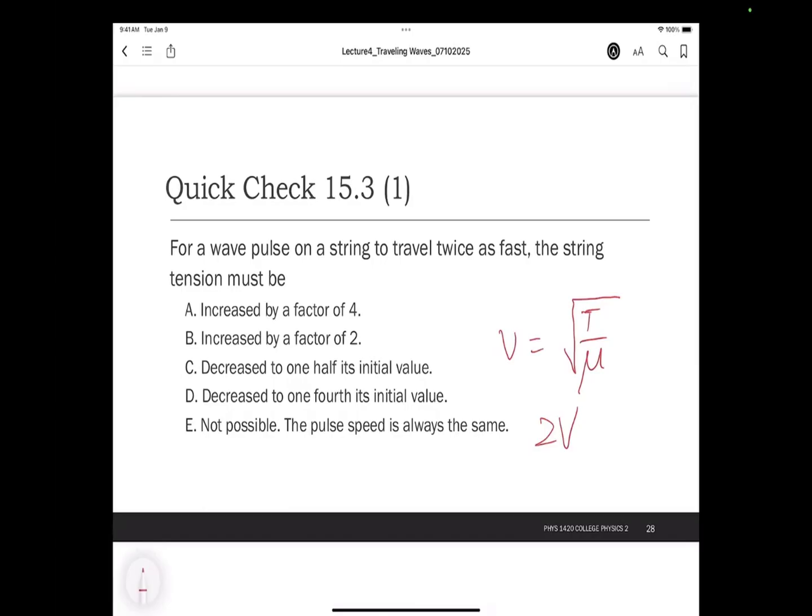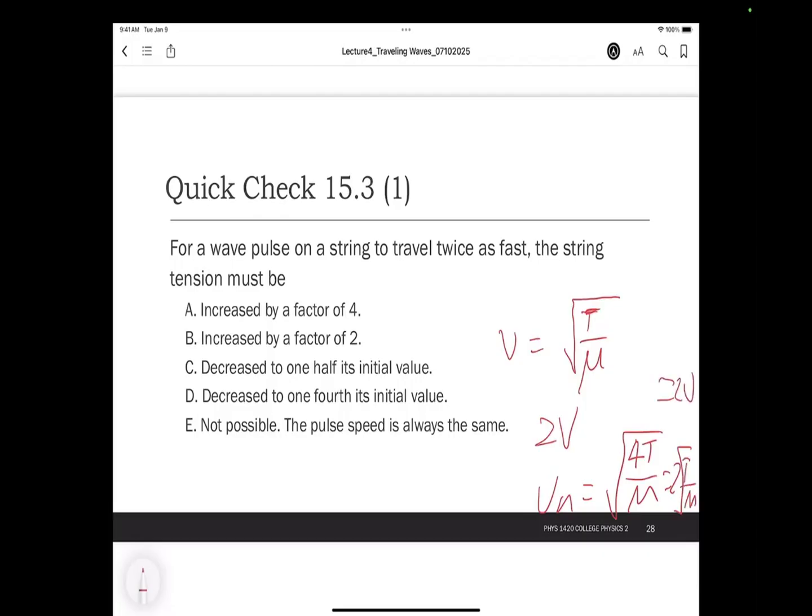So the string tension should be increased by what? It should be 4. If my tension becomes 4 times the tension, then v new equals the square root of 4T over mu, which is 2 times the old v.